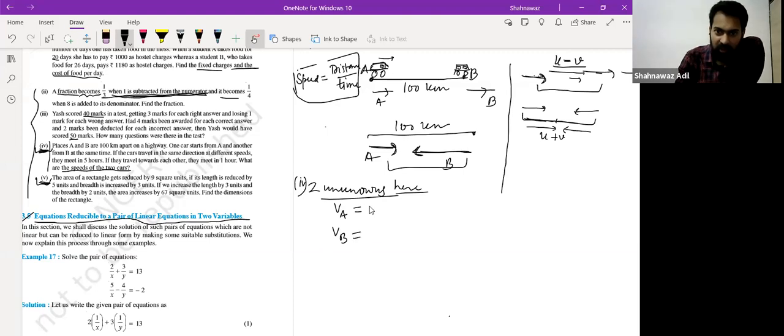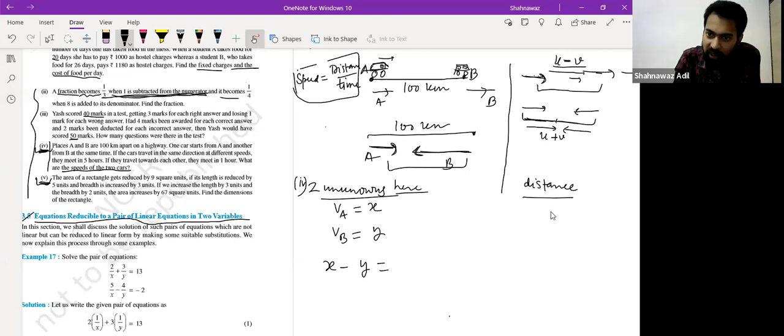So VA is, let's say, X and VB is Y, right? So in the first case, when they travel in the same direction, their speed will be less, negated, right? So then what is the speed here? Speed is distance by time. And you guys already know what is the distance?